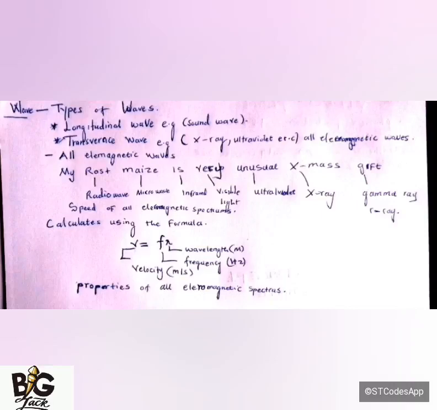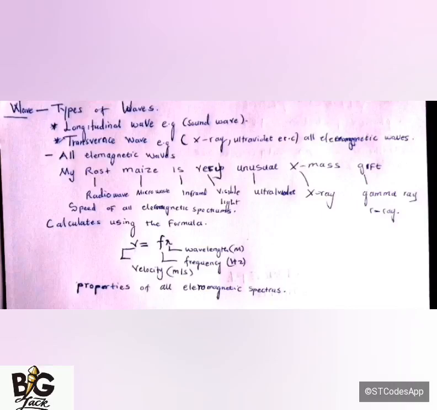Apart from that, you need to know the speed of all electromagnetic spectrum. All electromagnetic waves have a speed of 3.0 multiplied by 10 to the power 8 meters per second.